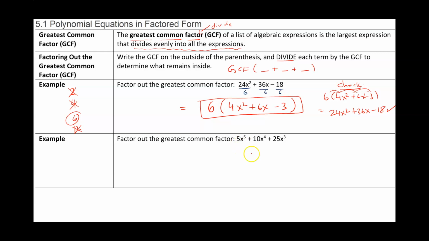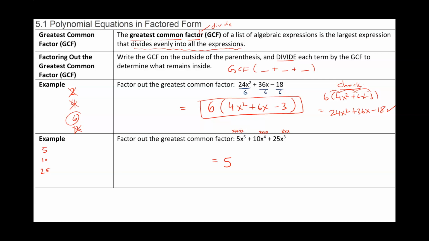We have 5x to the 5th, 10x to the 4th, and 25x cubed. So we have two things going on. We have the numbers, 5, 10, and 25. And we have to think about what is the biggest number that can divide all three of these. And that's going to be 5. 5 can divide 5, 5 can divide 10, 5 can divide 25. Now with the x's, here we have 5 x's, here we have 4 x's, and here we have 3 x's.